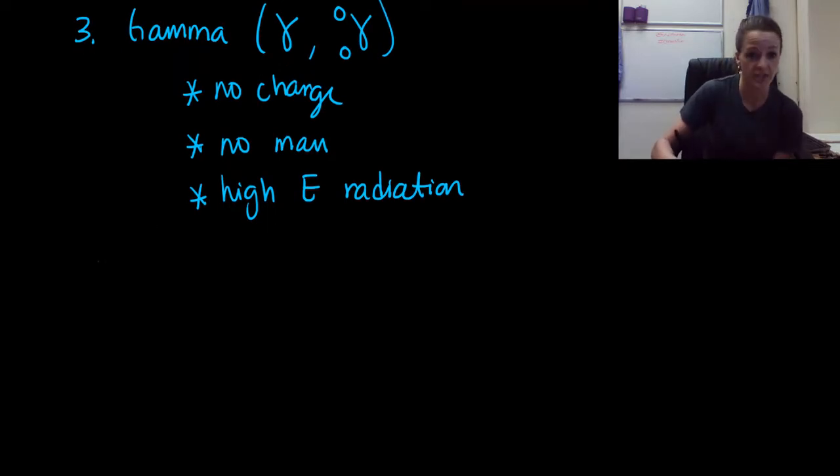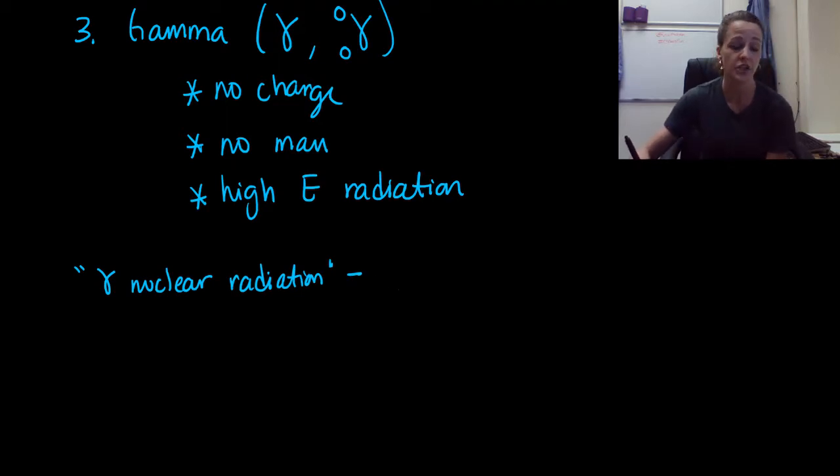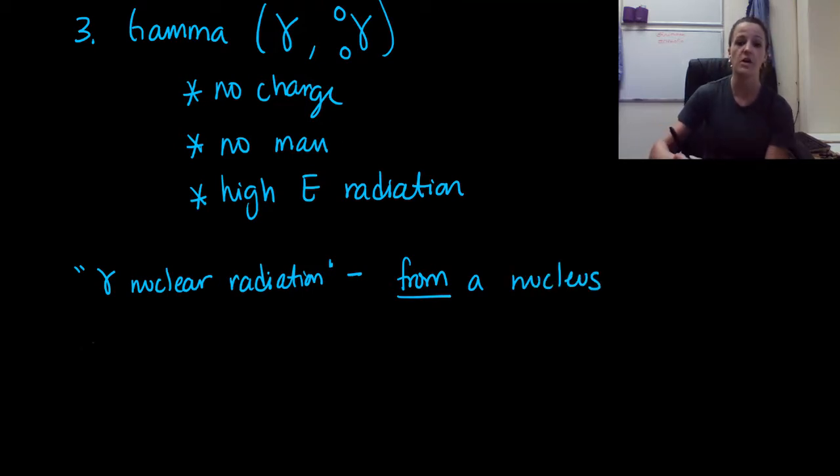I just said the phrase gamma radiation, so I want to be very clear, because there are 2 different types of gamma radiation that we could be talking about. If you ever hear someone say gamma nuclear radiation, you know they're talking about the high energy radiation that is from a nucleus. Gamma nuclear radiation means radiation that was emitted directly from a nucleus.